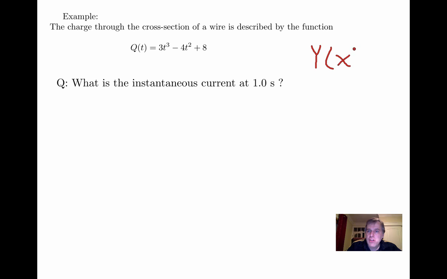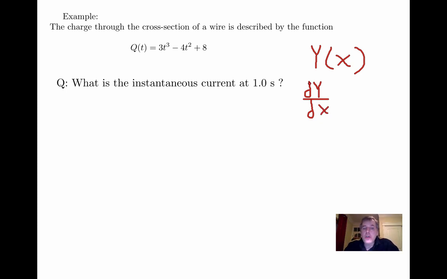This is a function you differentiate with respect to x, usually in calculus. So x is your independent variable and y is the dependent variable, and you can calculate, let's say, dy dx. You differentiate the function y of x with respect to x.